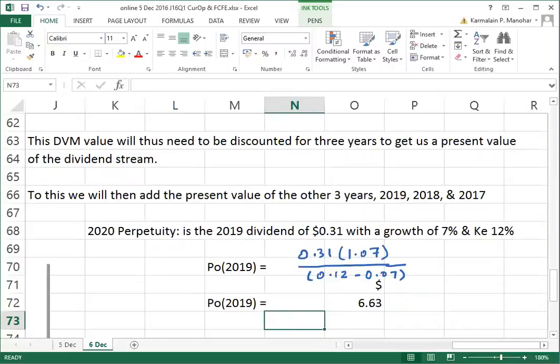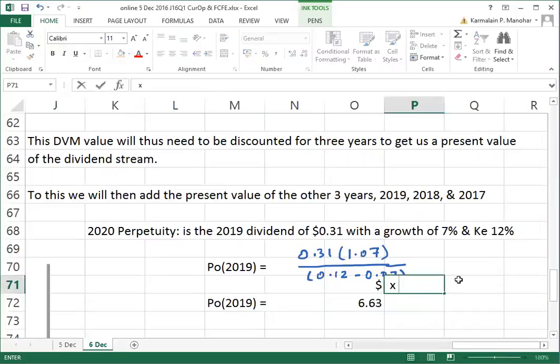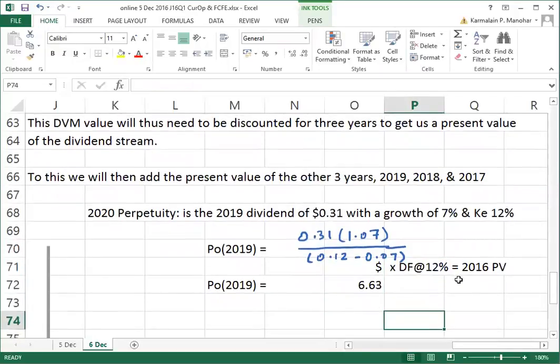Now, discount factor and present value 2016. So that times the discount factor at 12% is going to give us the 2016 present values for our dividend valuation. So what's our discount factor here?